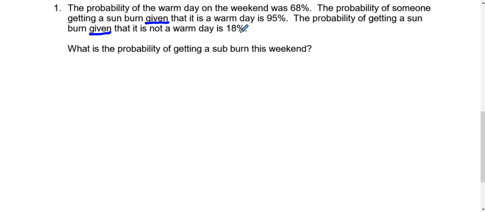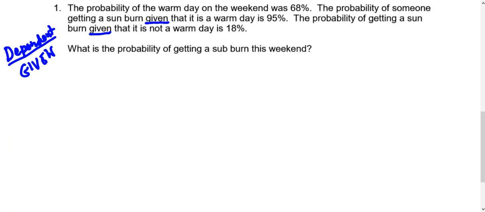Yes, it is possible. It was not warm this weekend, and I did get sunburn, so that is possible, but very unlikely. So this is dependent, because the word given is used. Keep that in mind as you move forward.